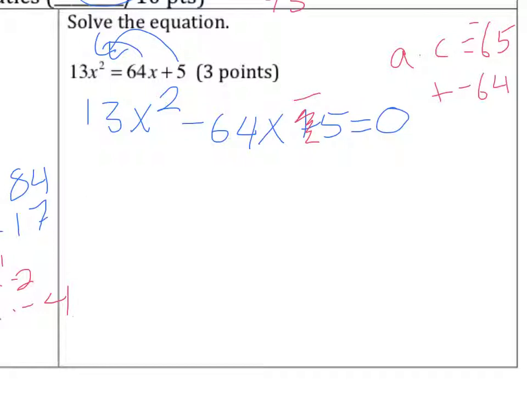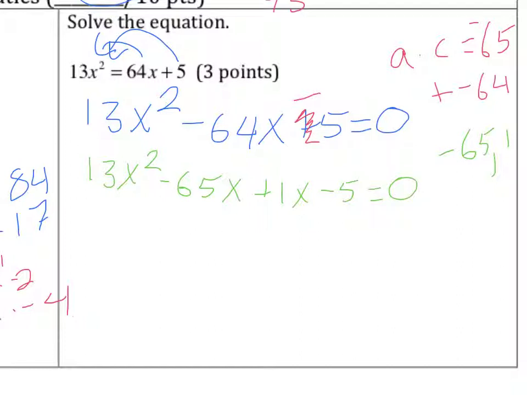That makes me much happier because there we get the numbers negative 65 and 1. Okay. So 13x squared minus 65x plus 1x minus 5.